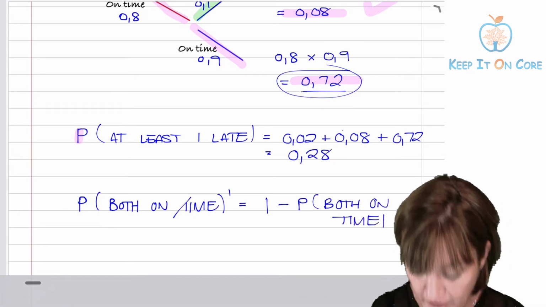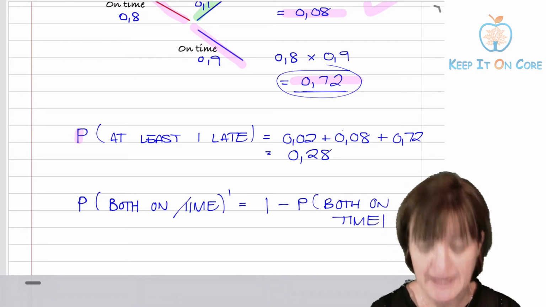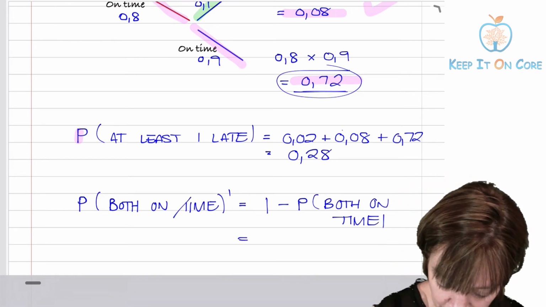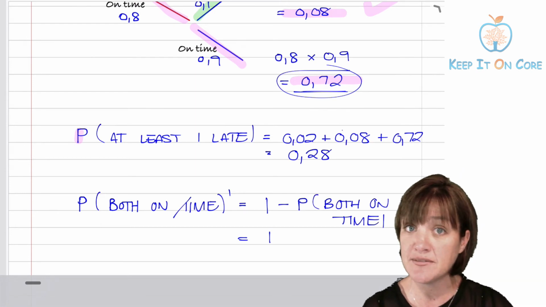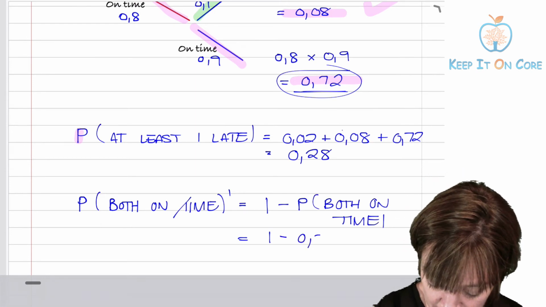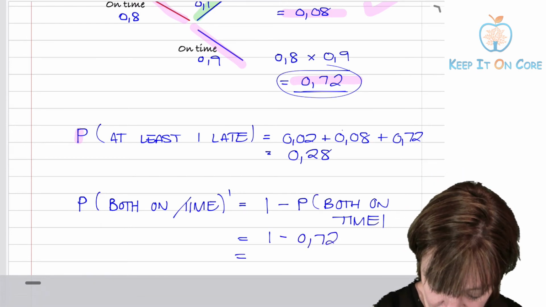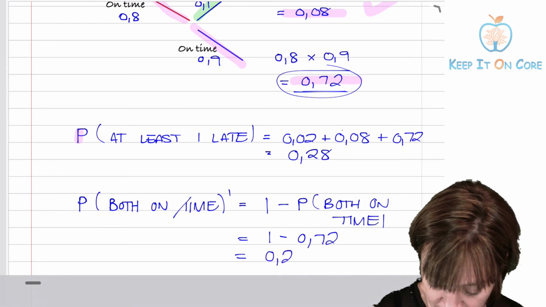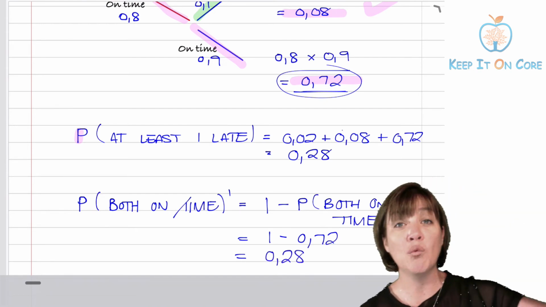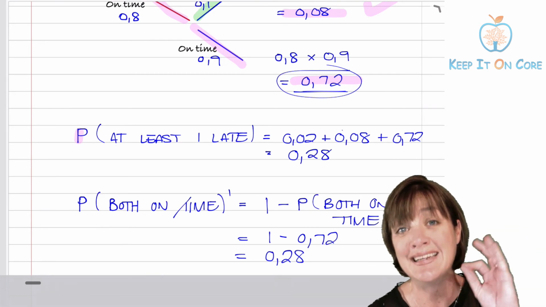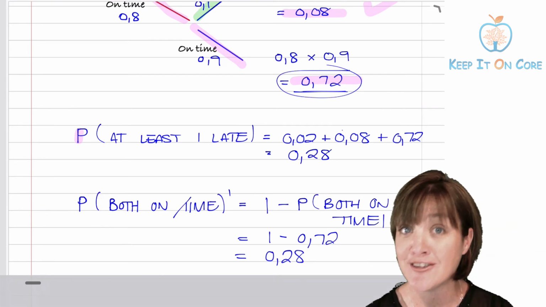And the probability of you both being on time was simply that, 0.72. So therefore we're going to say 1, which is 100% of the events, minus the probability of you both being on time, is going to leave you with 0.28 chance of the other events, which was where at least one of you was not on time.